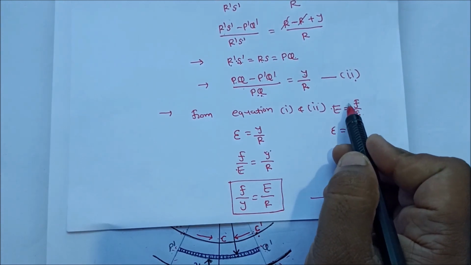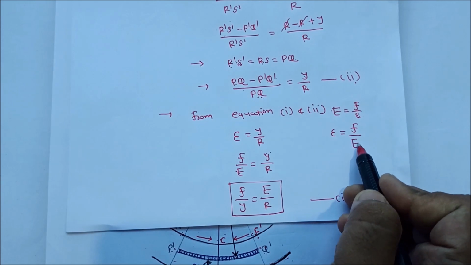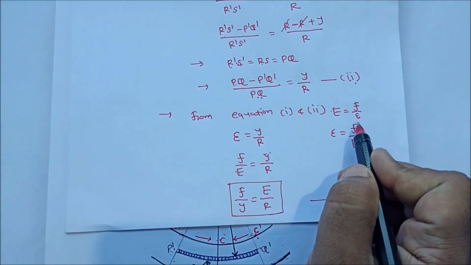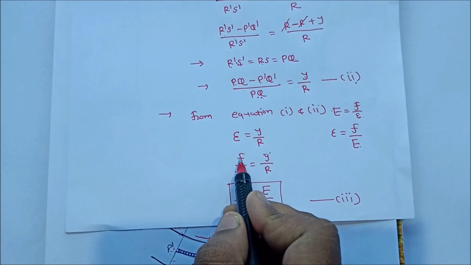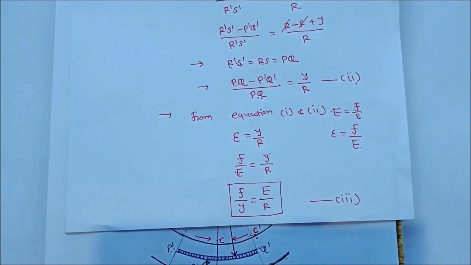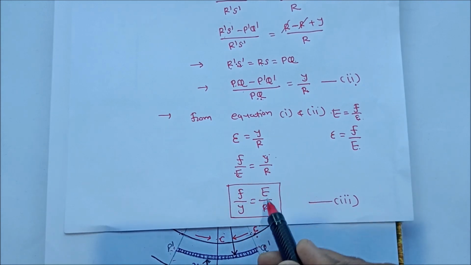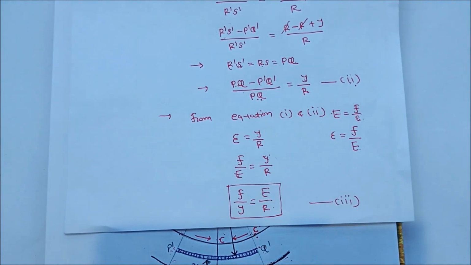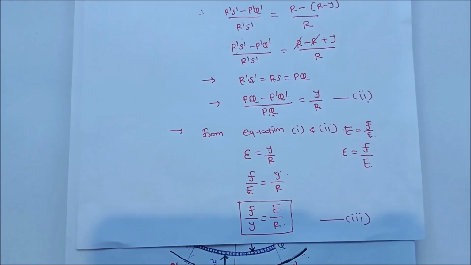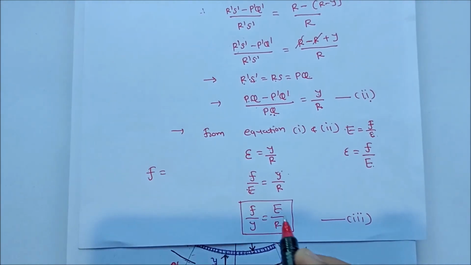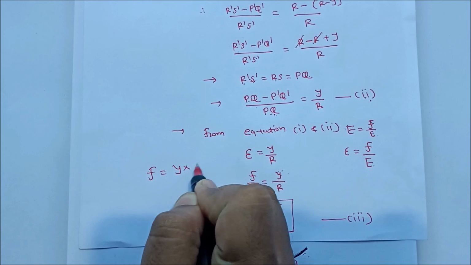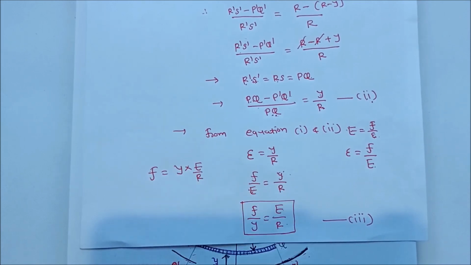So strain is equal to stress divided by modulus of elasticity. Here it is bending stress, that's why we use symbol F. So F by E is equal to Y by R. Rewrite the equation as F by Y is equal to E by R. That's equation number 3. From equation 3, it is clear that F is equal to Y multiplied by E by R.